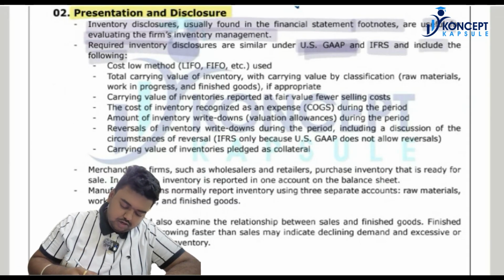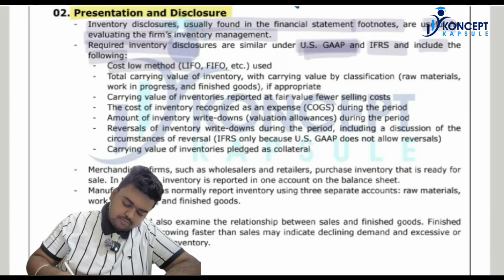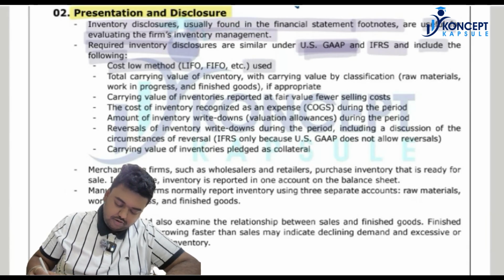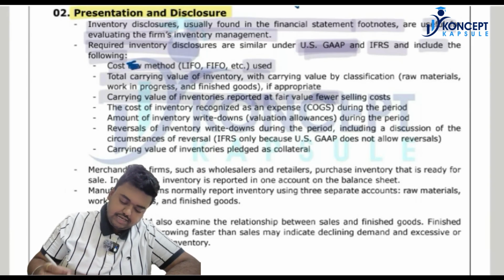They include the following: cost method used. Total carrying value of inventory. Carrying value of inventory reported at fair value less selling cost.